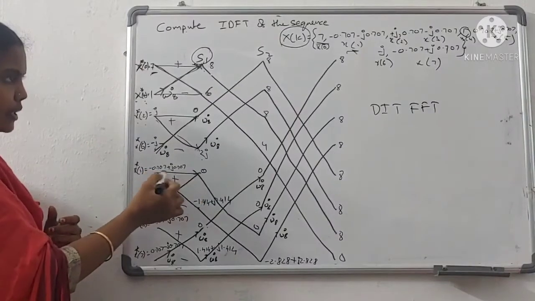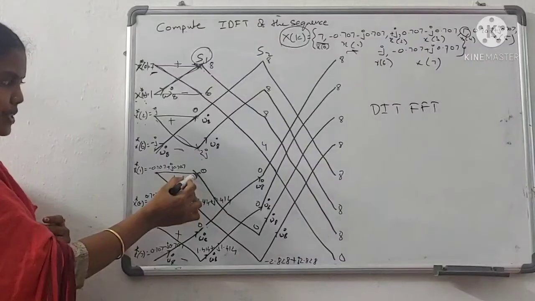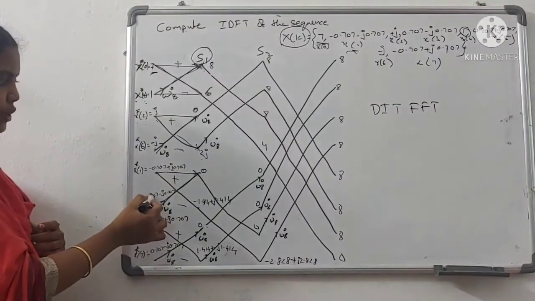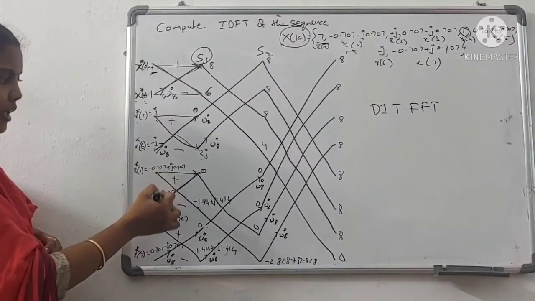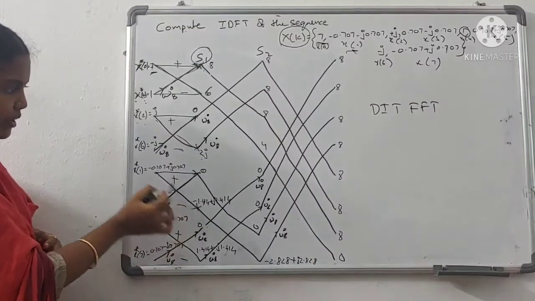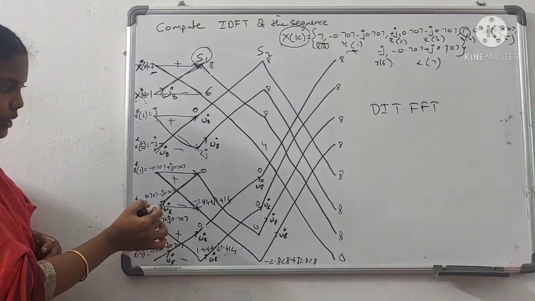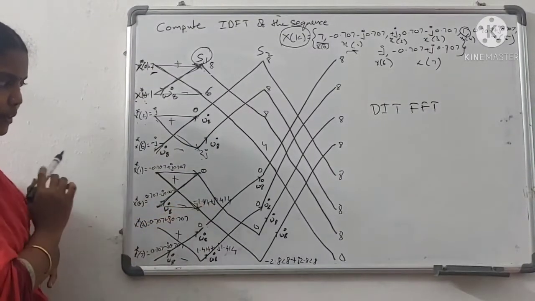Okay. Now, we have to find out this point. One input of this one is what? Minus 0.707 plus j 0.707 plus of minus 0.707 minus j 0.707. All are cancelled. You get value as 0. So in the same way, here one is this input and minus of this input. You are getting minus 1.414 plus j 1.414.